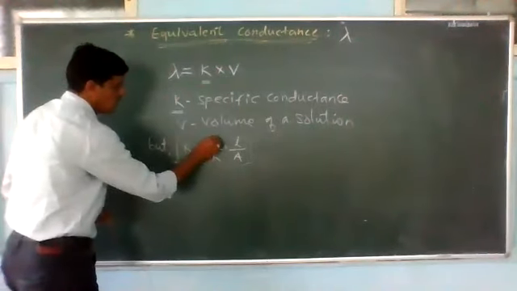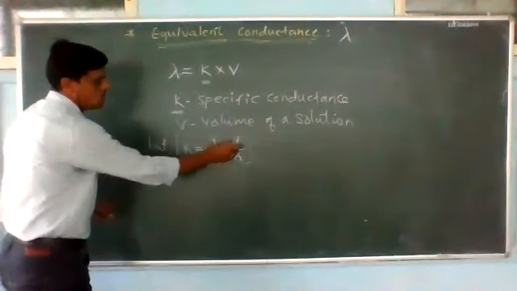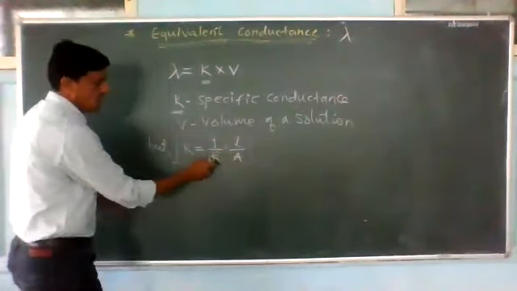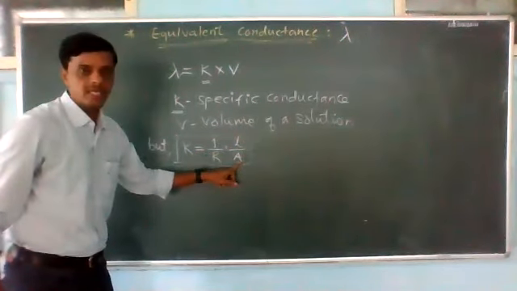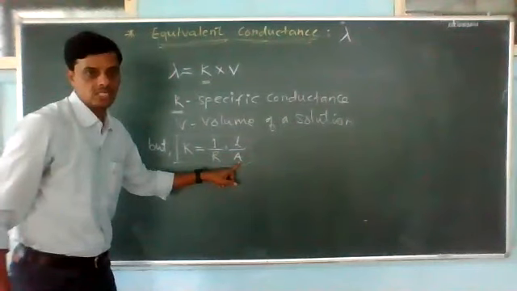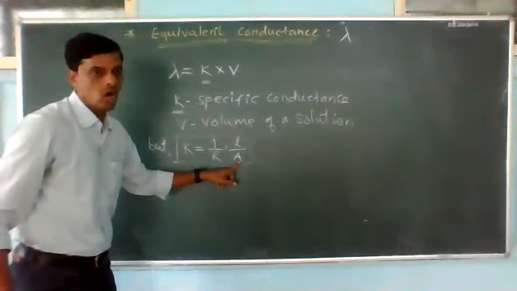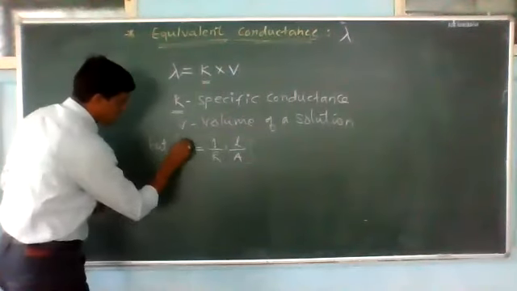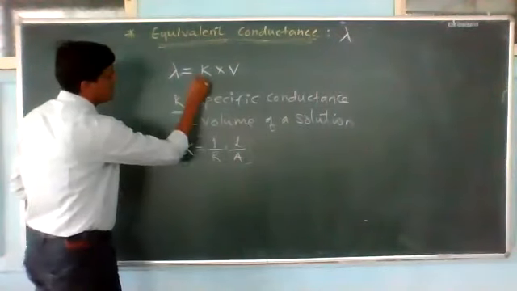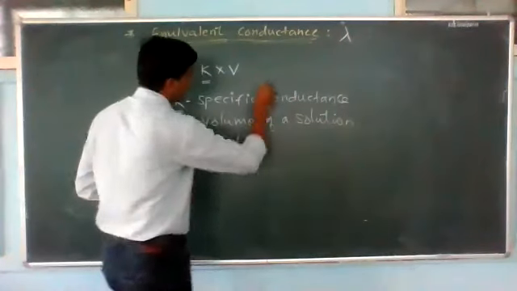Specific conductance is equal to 1 upon R into L upon A, where R is the resistance of a conductor, L is the length of the conductor, and A is the cross-section area of the conductor. Now, if we put this value in this equation, what will we get?